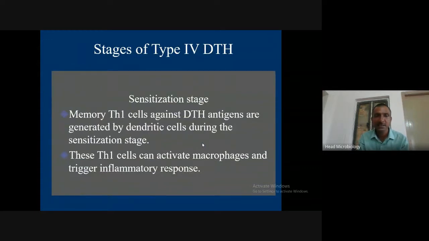In the sensitization stage, memory Th cells against the antigen are generated by dendritic cells. These Th cells can activate macrophages and trigger inflammatory responses.